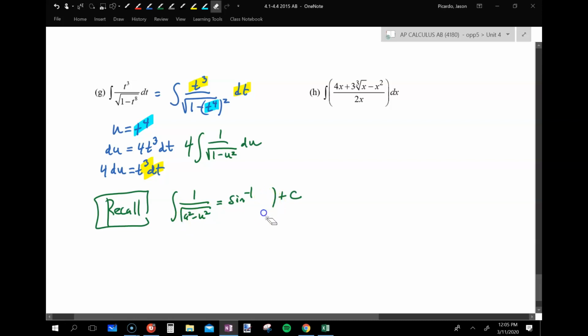Is this. Right? So again, it's a next level problem, right? So I have a final solution, because this is one of the identities of 4 sine inverse of u plus c, and we had plugged in what for u? We had made u t to the 4. So our final answer is 4 sine inverse t to the 4 plus c.